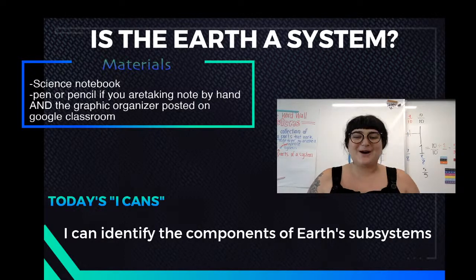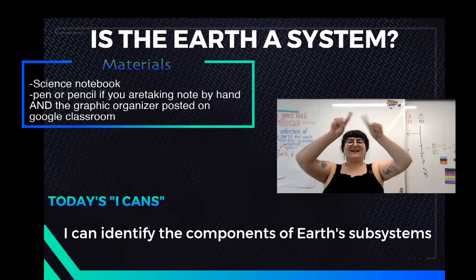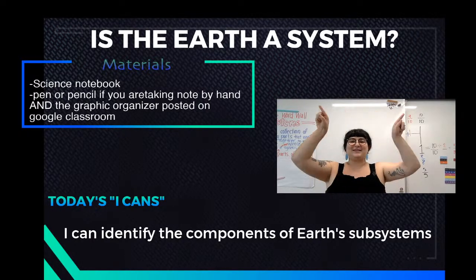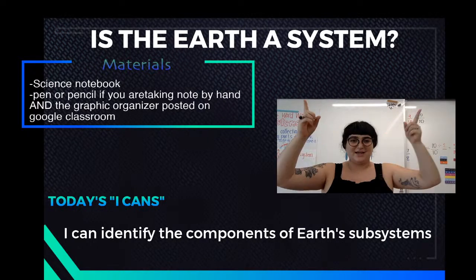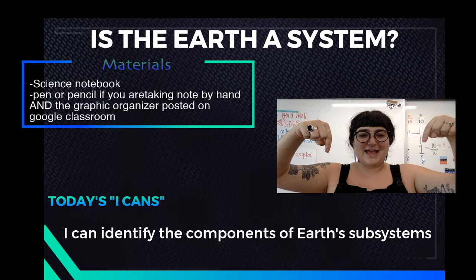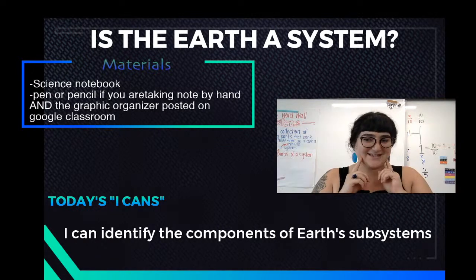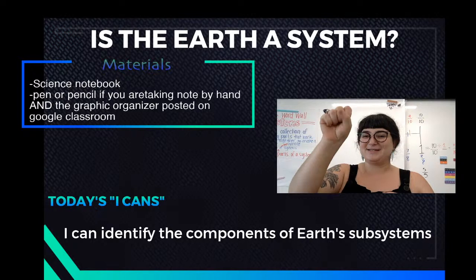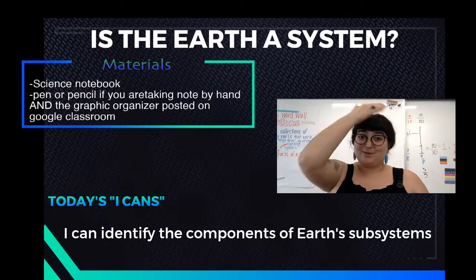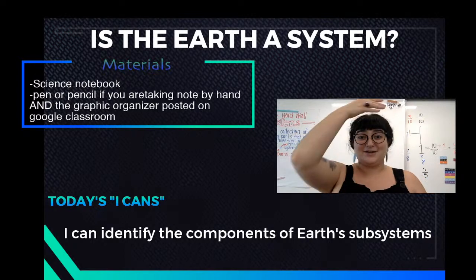Now, we are going to begin our lesson momentarily. We are answering this question right above it. Say it with me: Is the Earth a system? And today's I cans, which is kind of like giving away if it's a system or not, give me like, I kind of already knew Earth was a system. Give me I still have so much to learn and I'm so excited for this lesson.